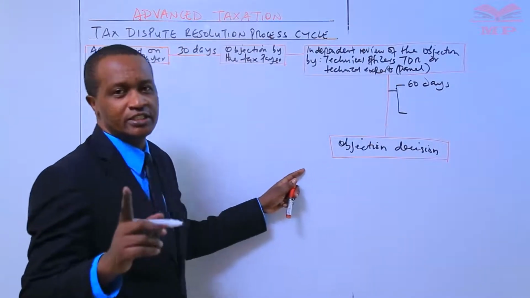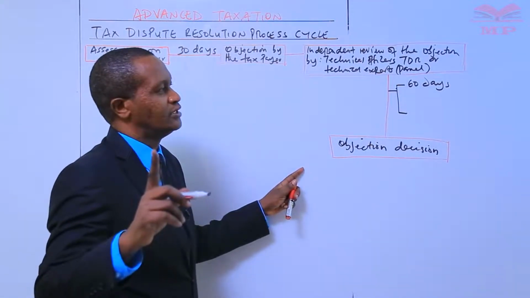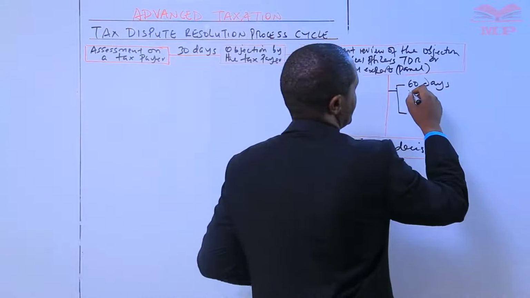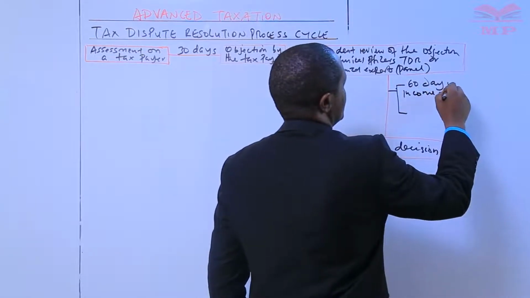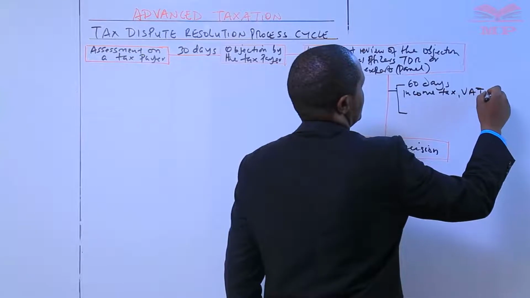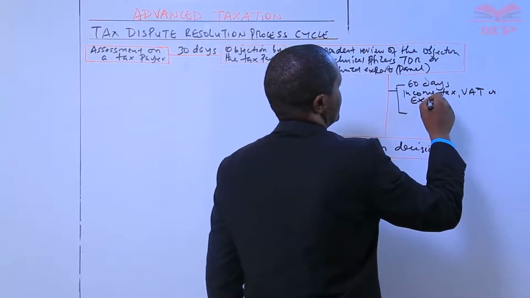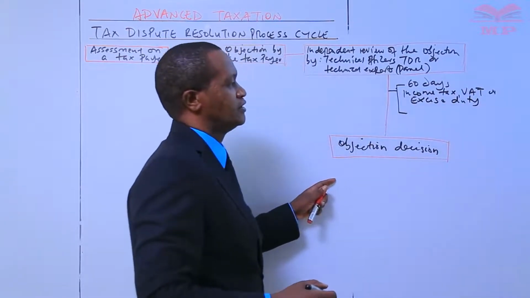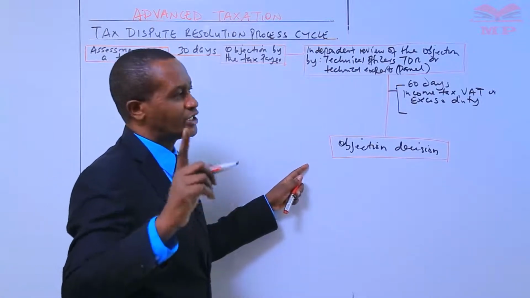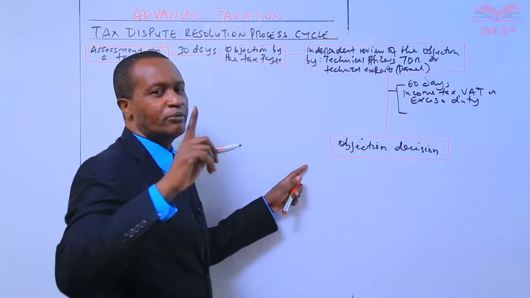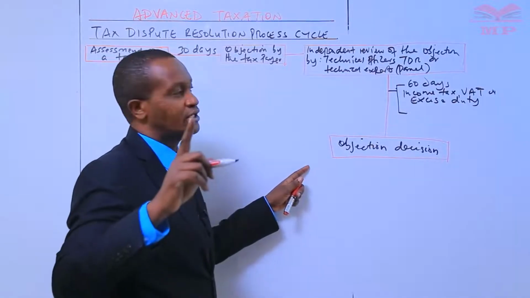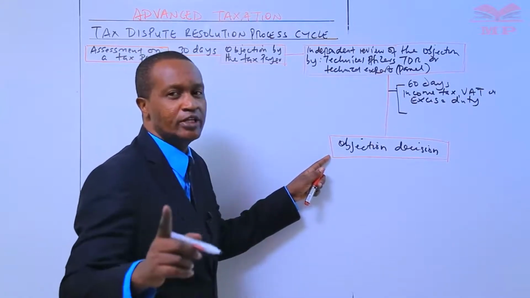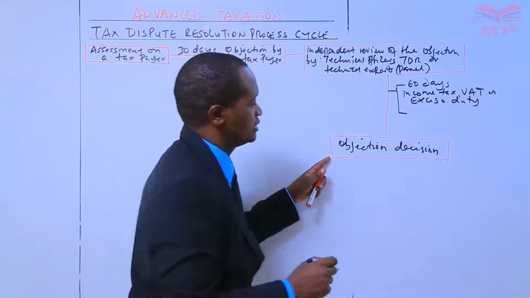It's supposed to be 60 days if it is a matter concerning income tax, VAT, or excise duty. But if it is a matter concerning customs and border control, then the objection decision has to be communicated within a period of 30 days.